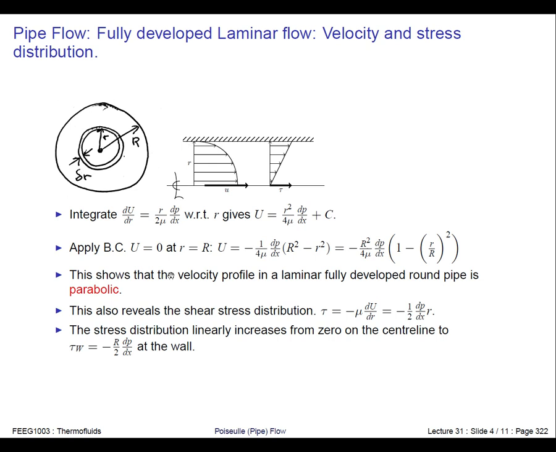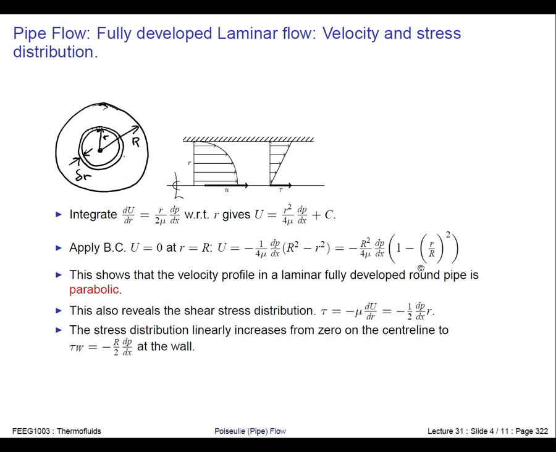That gives us a value for c: effectively c is minus big R squared over 4 times mu times dp by dx. So we put our value for c back in our equation, rearrange it slightly, and we end up with something like this, and more traditionally something that looks like this.